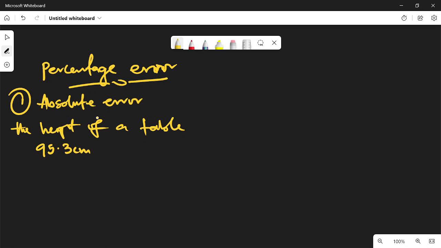So when you talk about absolute error under percentage error, when you are given the height of a table to be 95.3 centimeter, you have to understand that this was done to the nearest one decimal place. So it is to the nearest 0.1 centimeter.